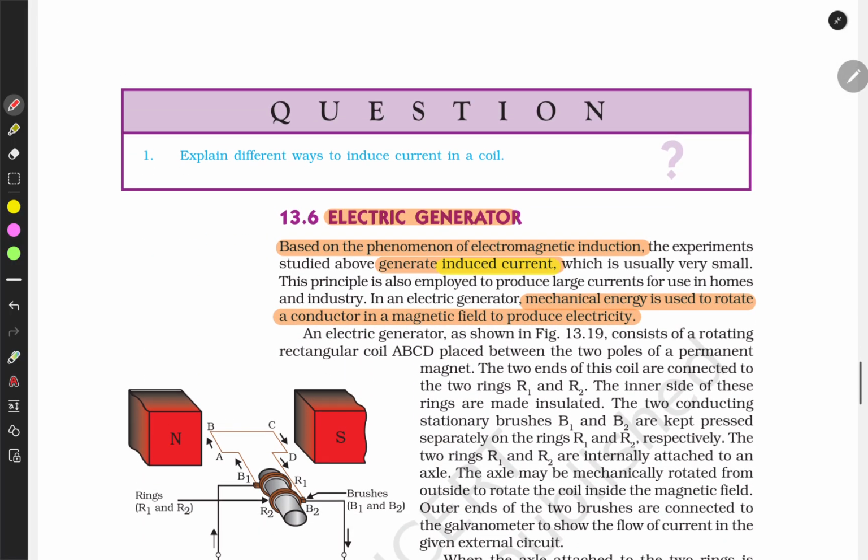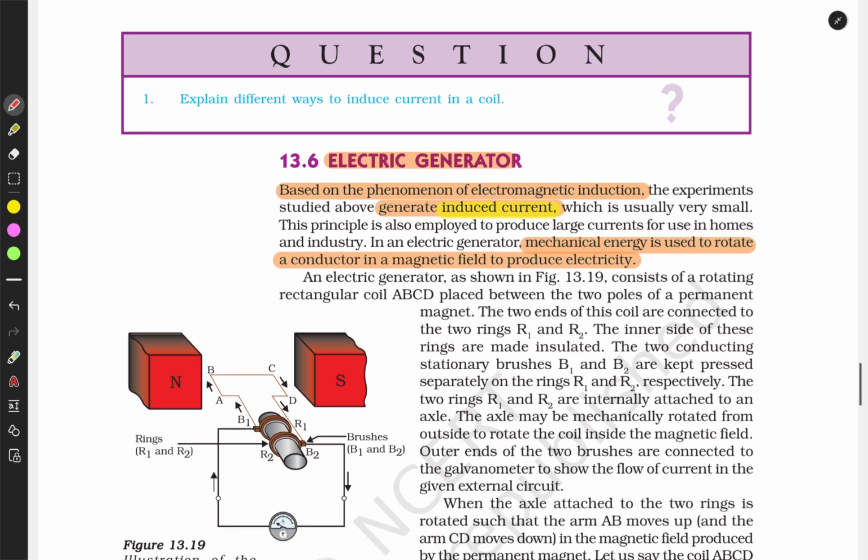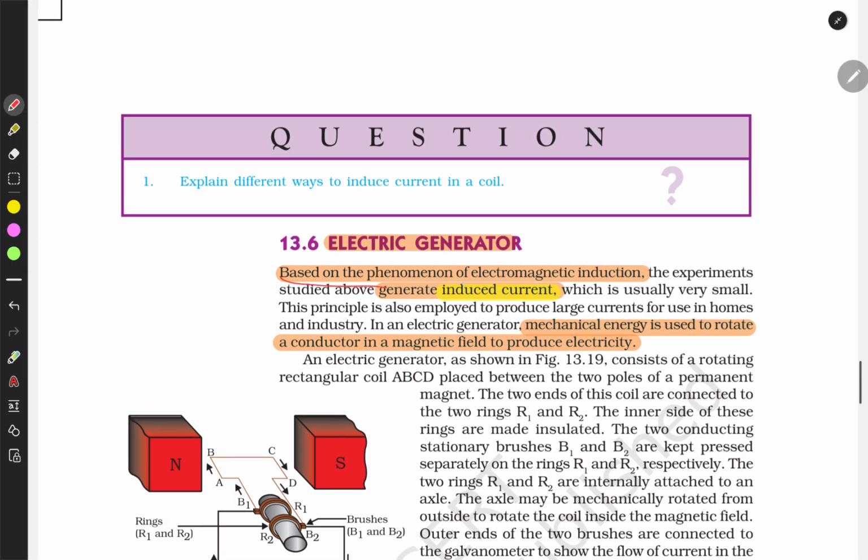Based on this electromagnetic induction, we have one more application here, which is used to generate electric current. The mechanical energy is used to rotate a conductor in a magnetic field and to produce electricity.